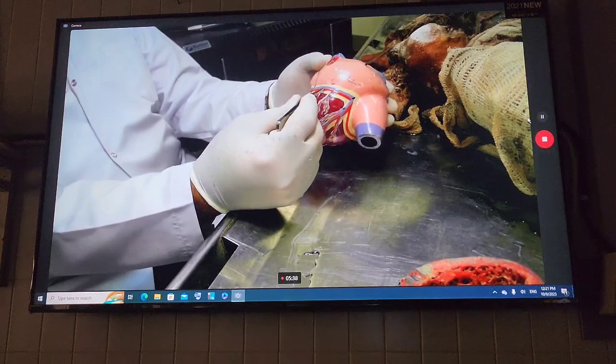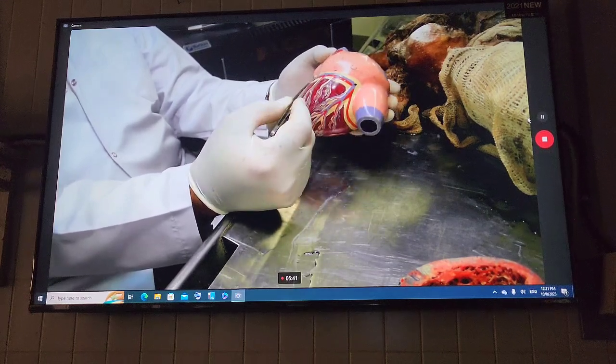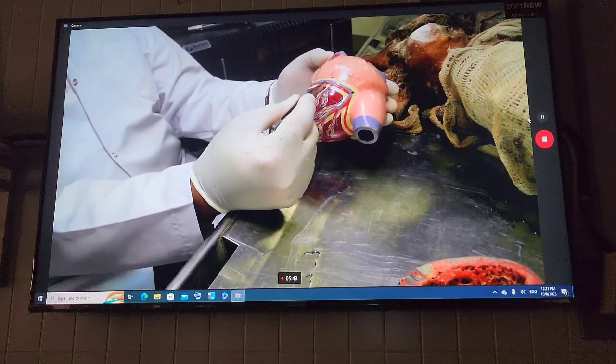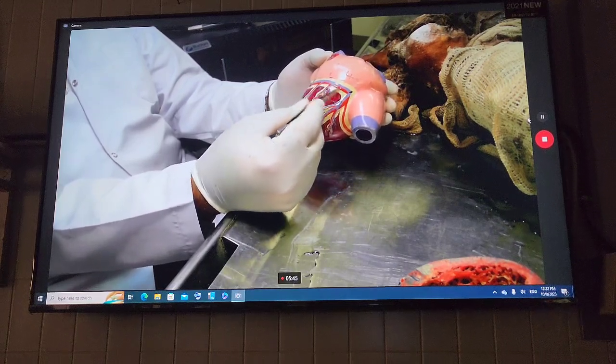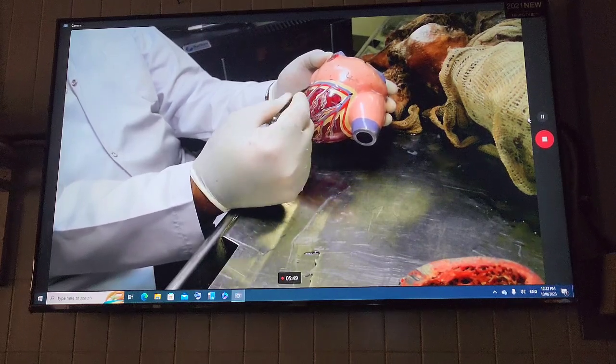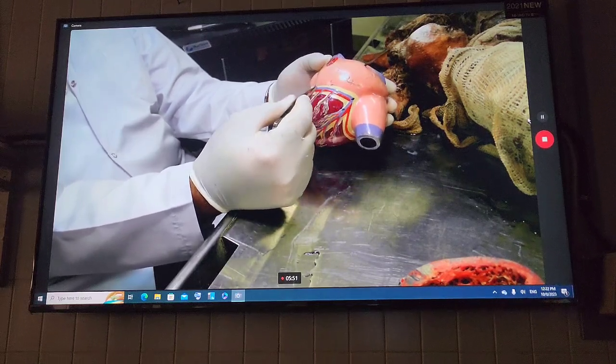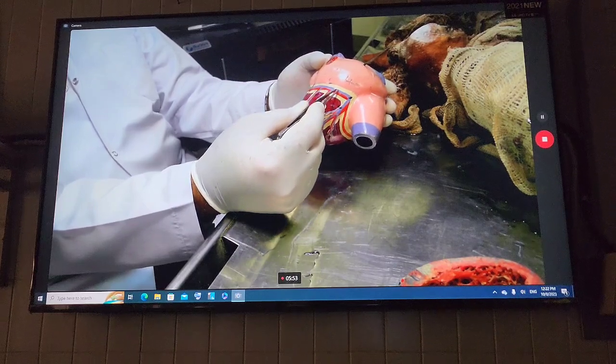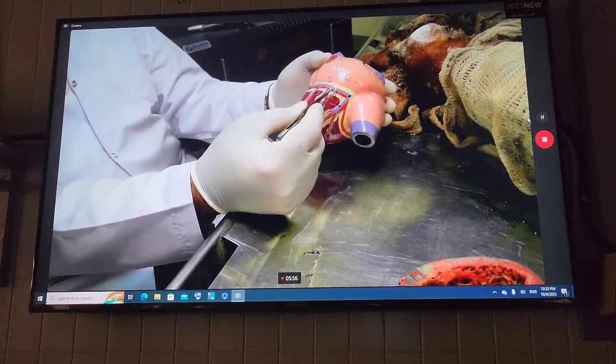The coronary sulcus separates the left atrium from the left ventricle, and it is posterior, so it is the left posterior coronary sulcus. The seam of this sulcus shows, with the circumflex coronary artery, a vein, which is the coronary sinus.